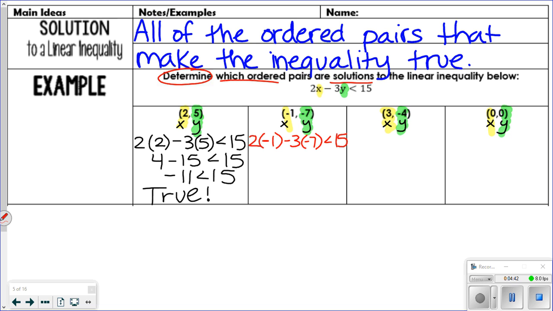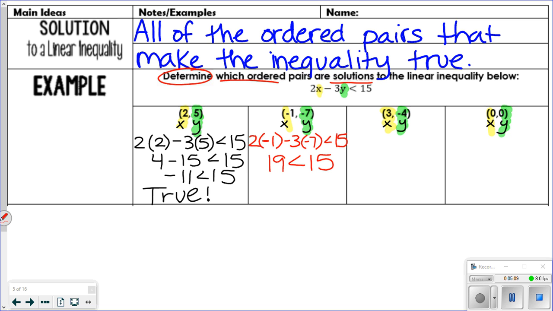You can type the first part into your calculator as one big problem, 2 times negative 1 minus 3 times negative 7, or you can break it down into two different parts. When we type that in, we get 19, because it's negative 2 plus 21, so 19 is less than 15.